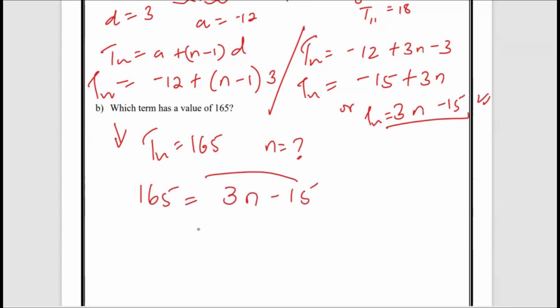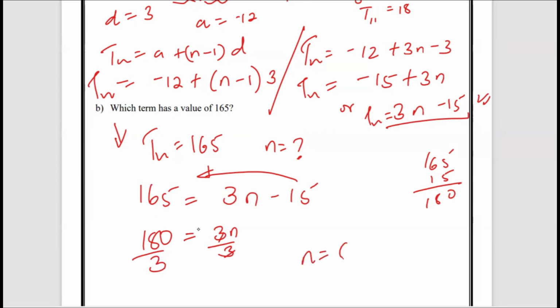I'm going to move the 15 that side. So 165 plus 15, that's going to be 180. So 180 is equal to 3n. Then I'll divide both sides by 3, which means in position number 60, we shall have a value of 165.